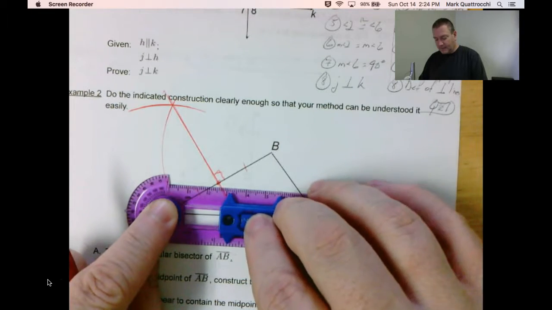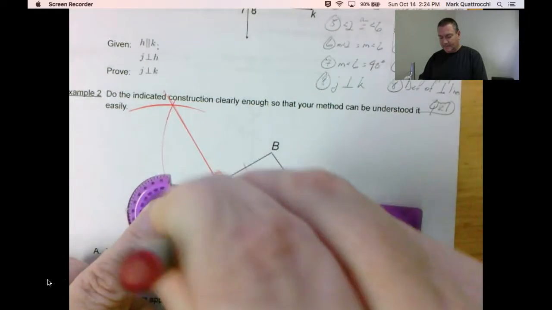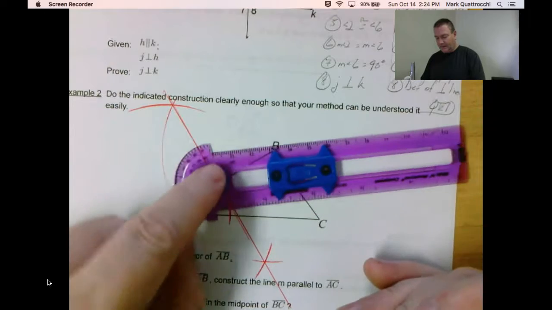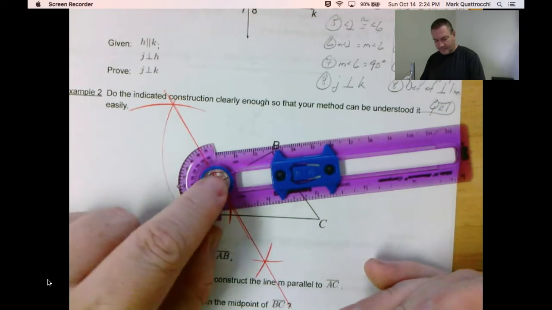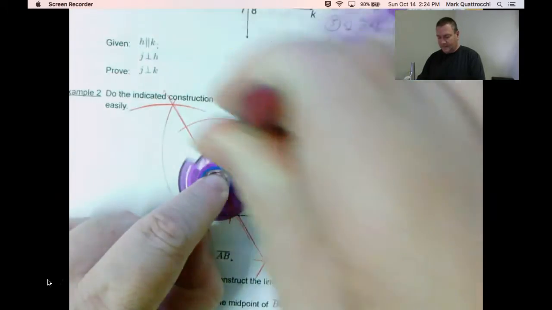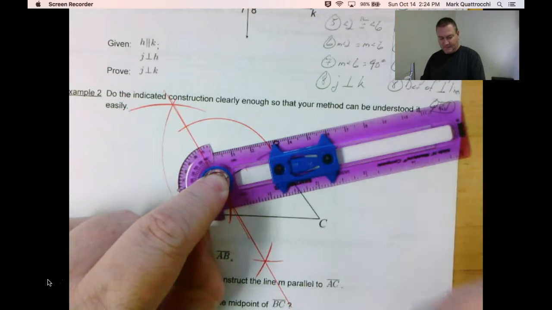That's essentially what happens. So I'm going to set an arc here. And I'm going to make a copy of that arc, same radius that I just made.